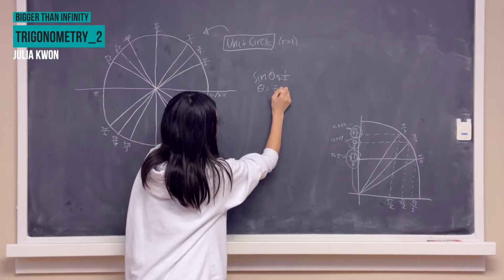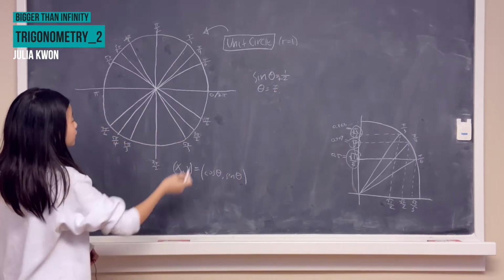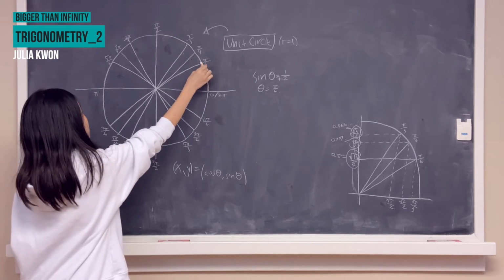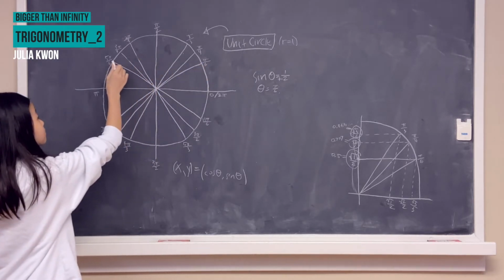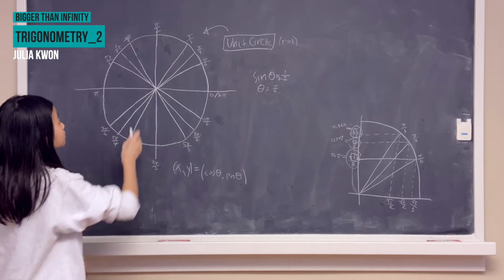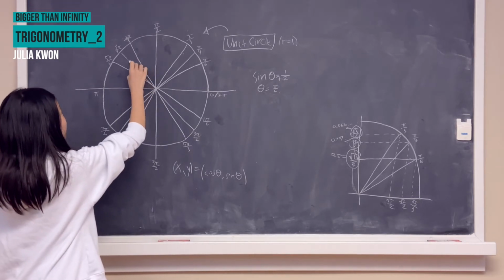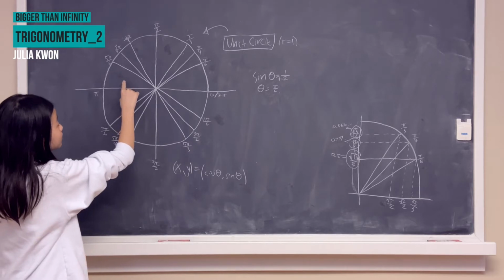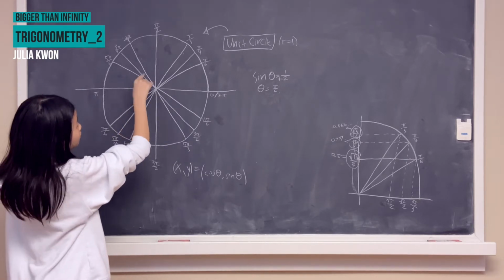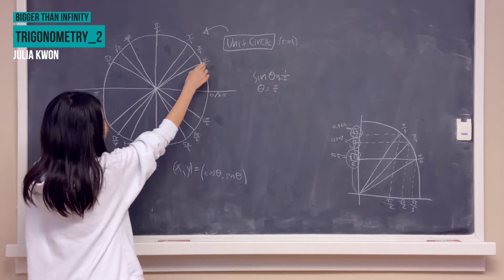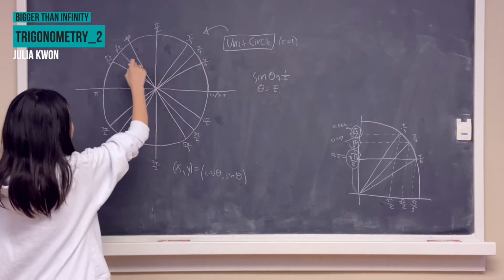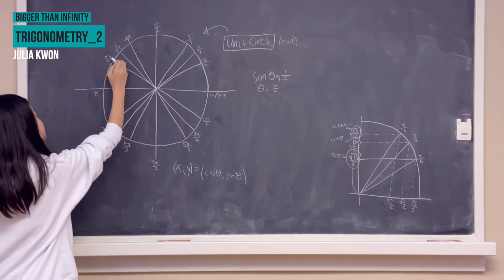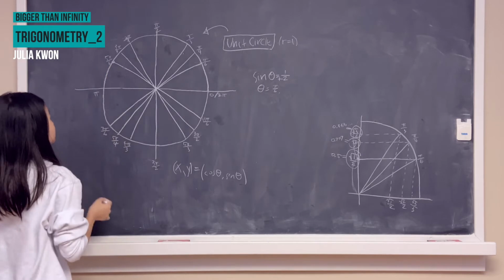The way we can find the other one is to choose the one that is across but has the same negative or positive value, and it's a positive value, so we choose the one across from pi over 6, which is 5 pi over 6. So this one.